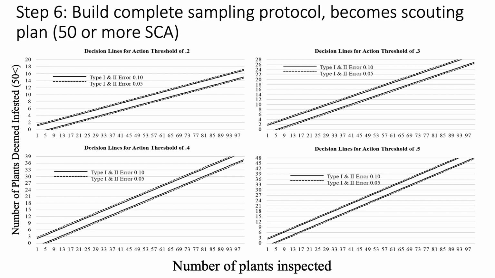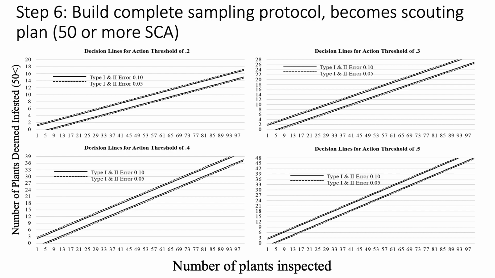This is an action threshold for 20% infested with 50 or more, and it goes all the way to 50% infested with 50 or more. And these relate to 150 aphids per plant, 100 aphids per plant, 75 aphids per plant, and 25 aphids per plant.